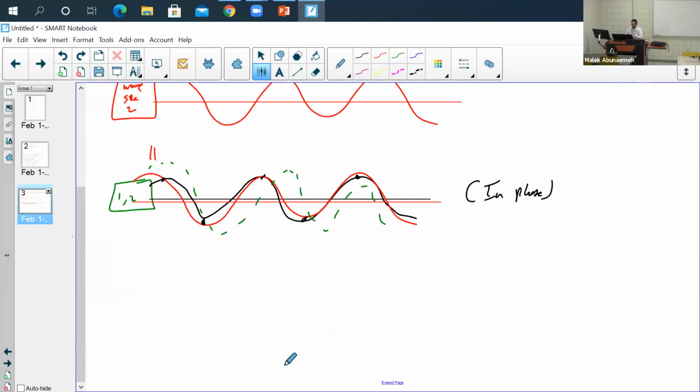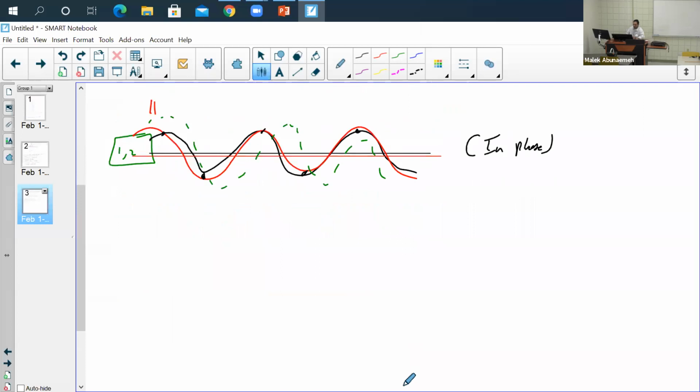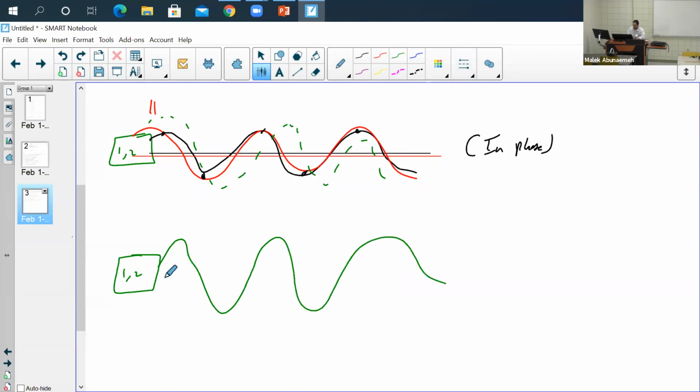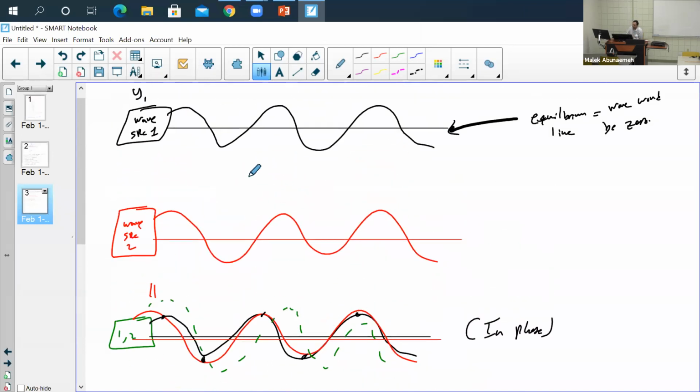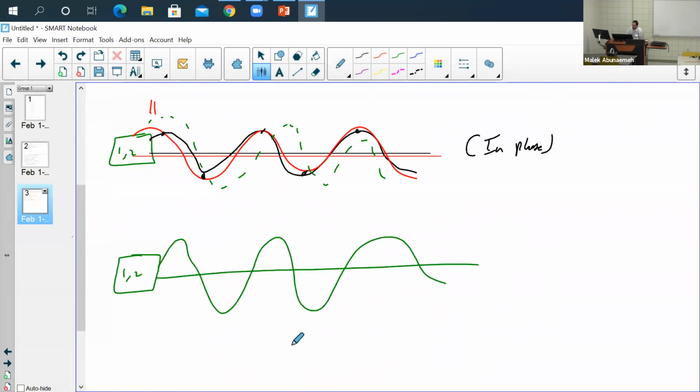So really, for these, when you add them up, when you have an interference on both of them, so let's say 1 and 2, you're going to have a bigger wave going in. And so because they're both in the same phase, when you put them in, you're going to create one bigger wave. And that's what we call constructive interference.